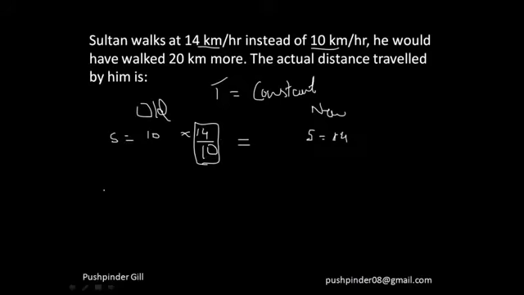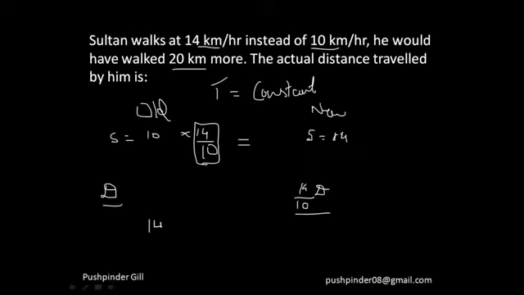Time is constant. That means if I travel d kilometers now, afterwards I will be traveling 14 by 10 d kilometers, because if the speed gets multiplied by this number and time is constant, distance will also get multiplied by this number. The difference between them is given as 20 kilometers.